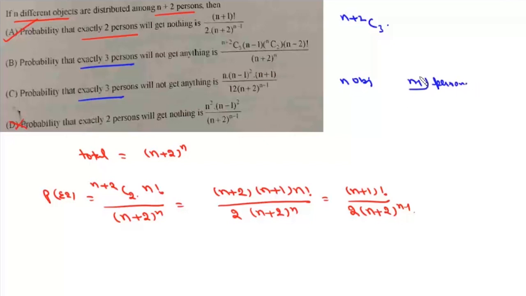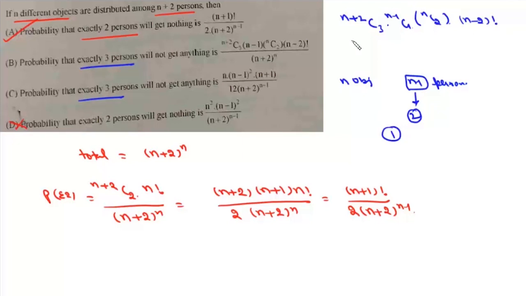Out of these n minus 1 people, one of them will get 2 objects and the remaining people will get exactly 1 each. Now which person gets these 2 objects? We can select it in n minus 1 C1 ways, and which 2 objects? From the n we can select them in nC2 ways. Now we are left with n minus 2 people and n minus 2 objects, which can be arranged in factorial n minus 2 ways.